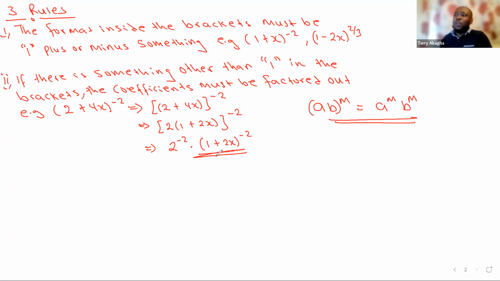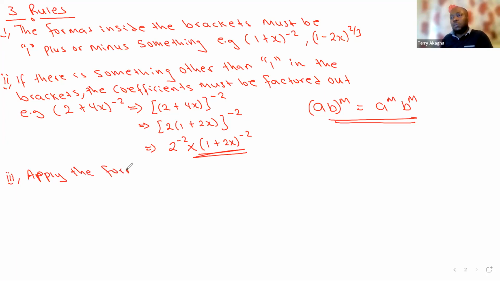No matter what happens, you must ensure that in the bracket you have 1 plus or minus something. Then when you've either gotten 1 or you factorize it, you apply the formula. So the next rule is to apply the formula.